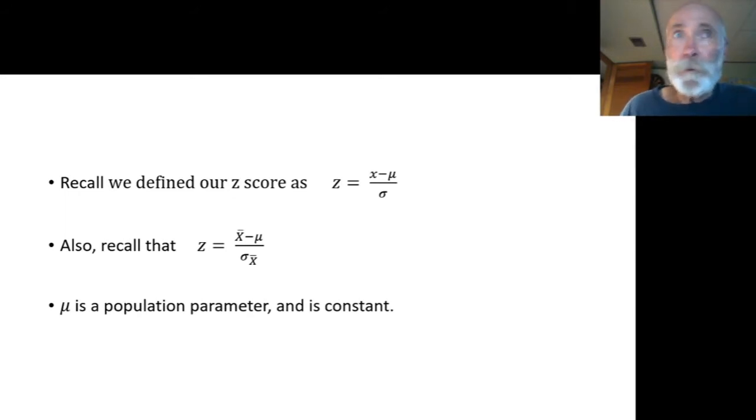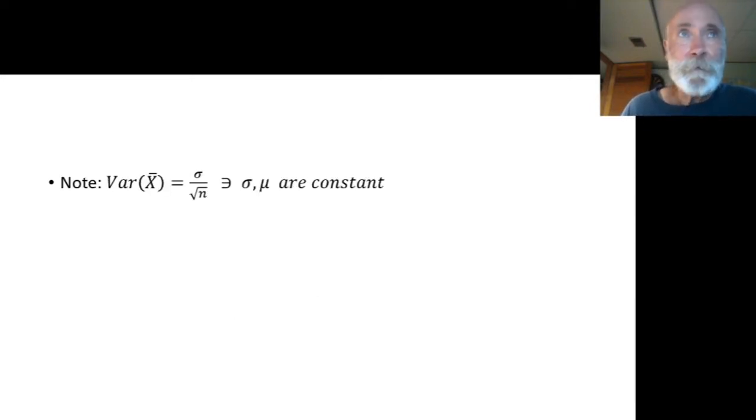Recall that mu is a population parameter and is going to be constant. Okay, and if that's the case, then x bar minus mu is going to be normally distributed with mean 0 and variance equal to 1. Now, the variance of the mean, we can do the proof of how this works out, and it's relatively straightforward.